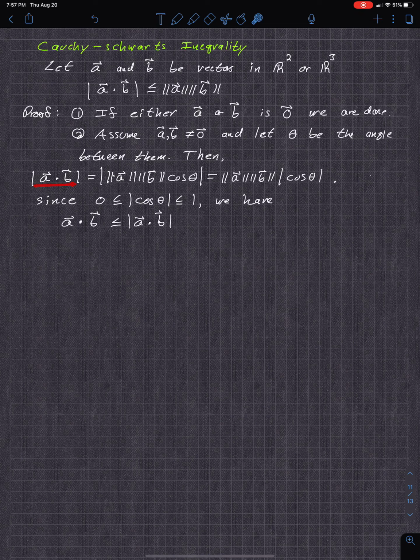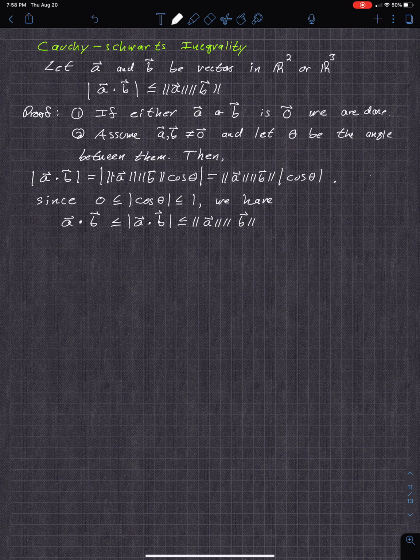So you have this, and then this quantity here is always going to be smaller, so that we get that it is less than or equal to magnitude A, magnitude B. Think about how that works.